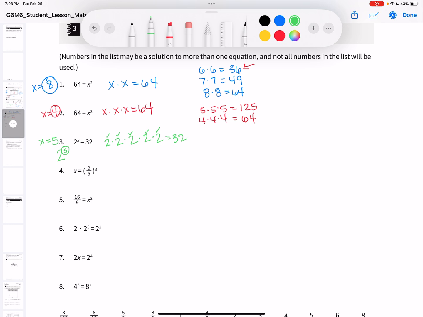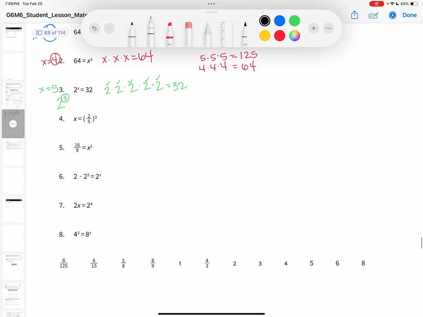Okay? All right, let's keep going. We're going to do x equals 2/5 to the power of 3. Well, this is easy because we just have to solve for x. So 2/5 times 2/5 times 2/5, because these are 3 copies of 2/5 multiplied together, right?